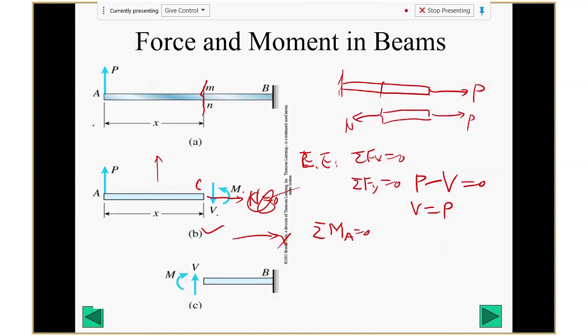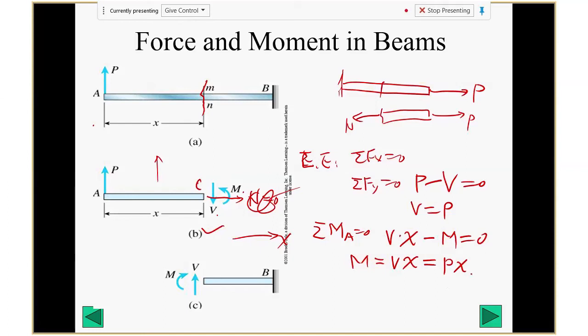Now translate this equation: you're going to have V times x minus this M equals 0. That means M equals Vx. What's V? P, so M equals Px.